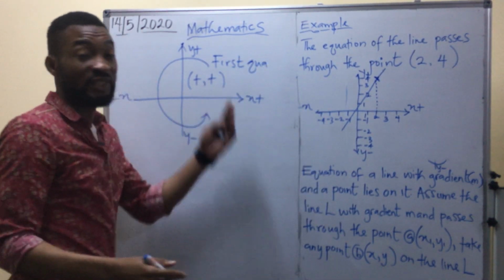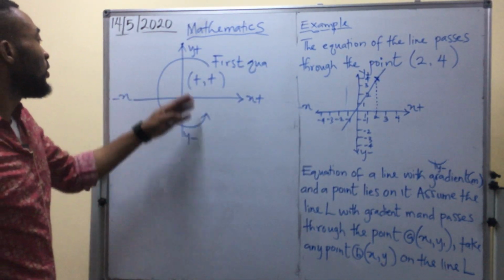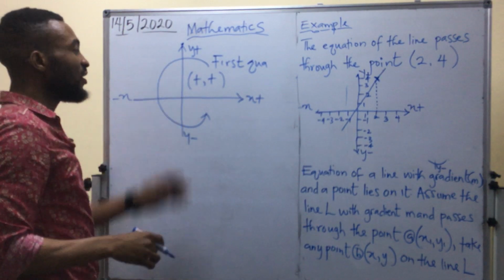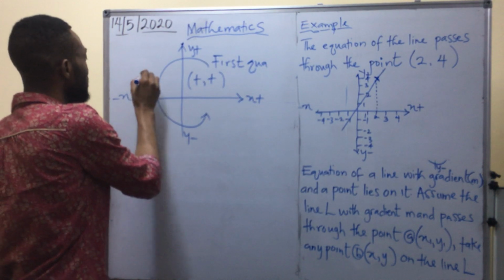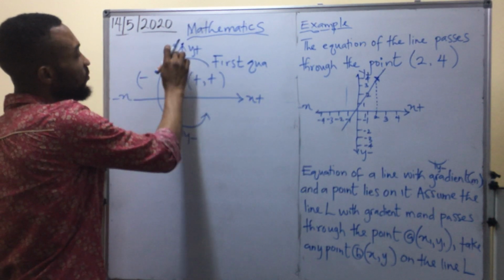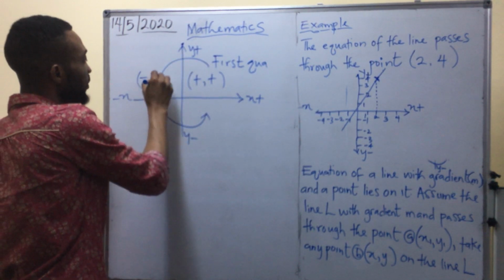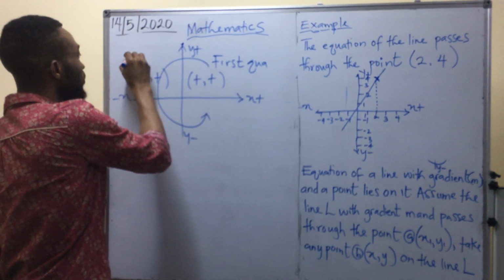First quadrant. So the next one, we move on to here. Our value for x here is negative, that is minus, and our value for y here is positive. We have plus, which is the second quadrant.